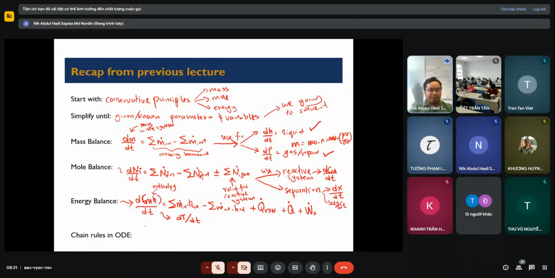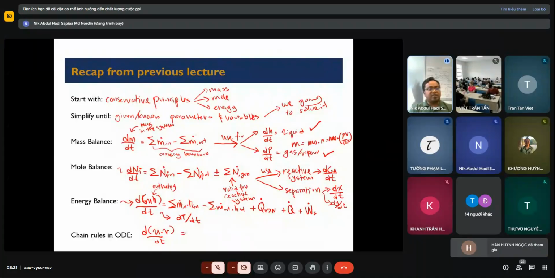The last recap from the previous chapter is about the chain rule in ODE. So when you have the differential d(uv)/dt, this shows us that both u and v change with time.